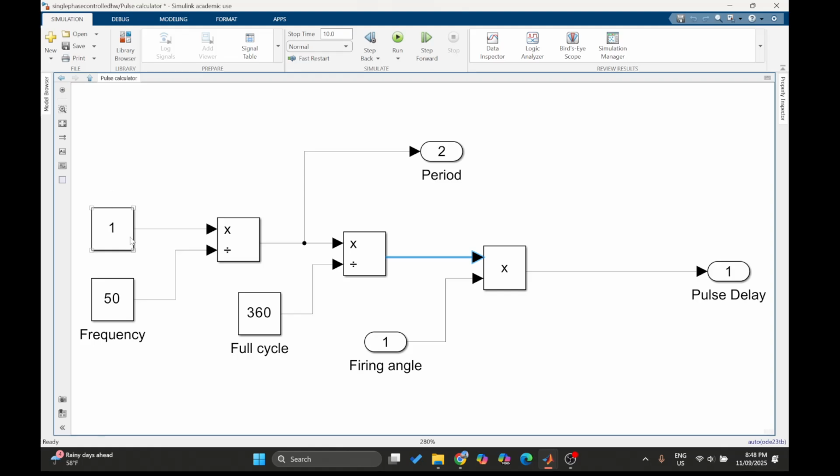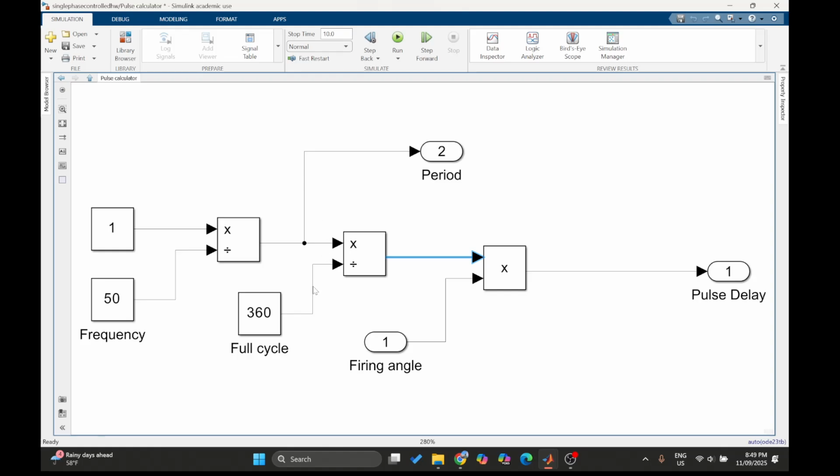When I do 1 divided by frequency, since my frequency is 50, I get a period here. Period divided by 360. Why 360? For a sinusoidal wave, a full cycle is 2 pi, and it is equivalent to 360.